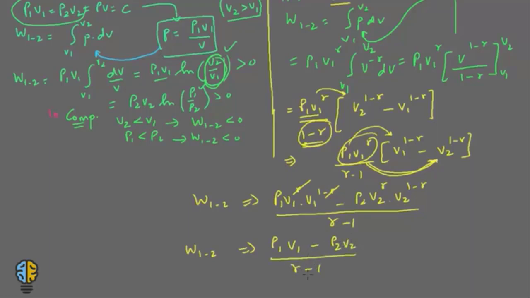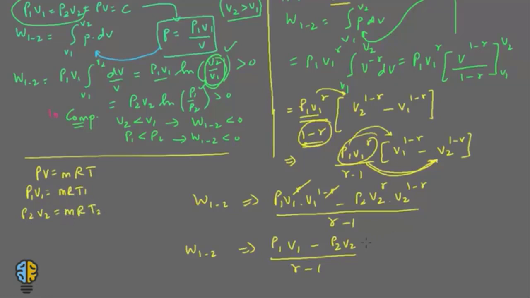upon gamma minus 1. Now for further simplification, for the ideal gas you have PV is equal to MRT. So P1 V1 will be equal to MR T1 and P2 V2 will be equal to MR T2.